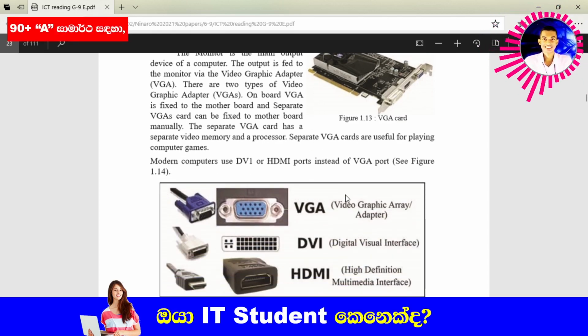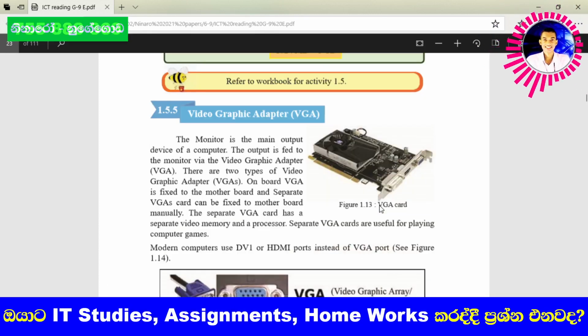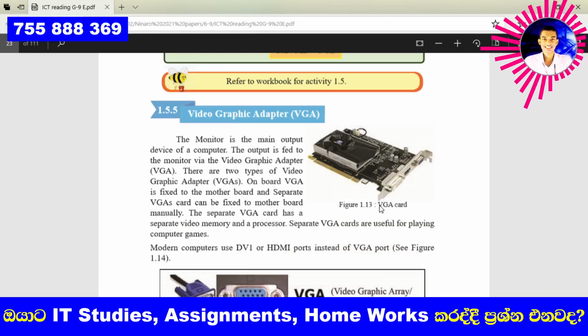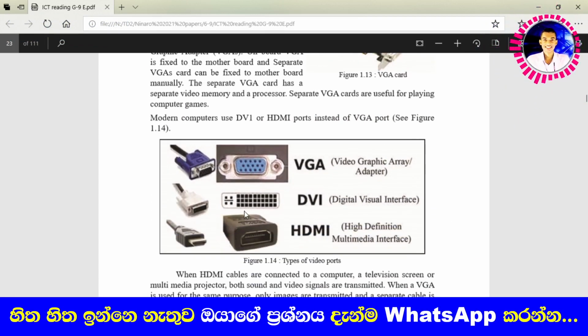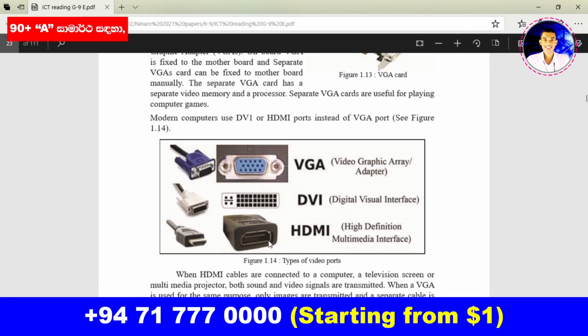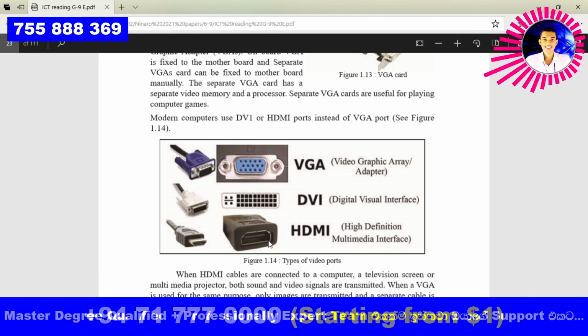When we are going to buy a computer, we will have to consider the video graphic card, especially the memory of the video graphic card and the interface in the graphic card. It is better if we can use an HDMI interface based graphic card, because nowadays we are probably using HDMI monitors.